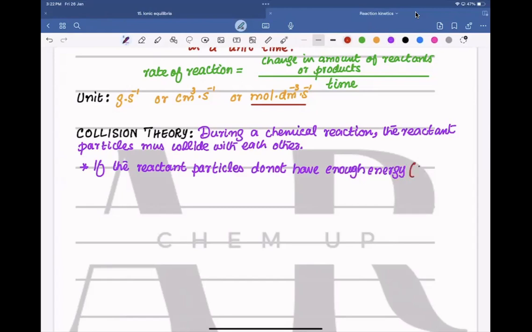Enough energy means that they must have an energy which is equal to at least activation energy or greater than this.